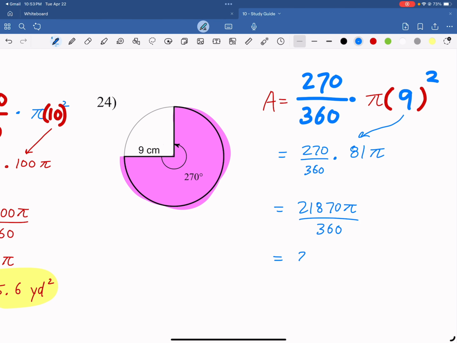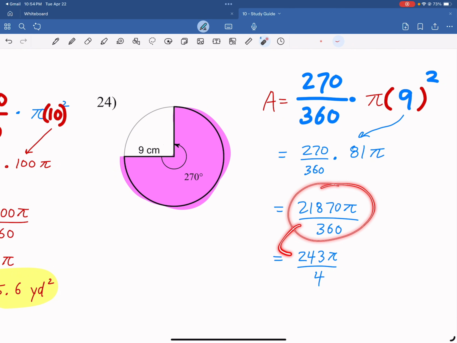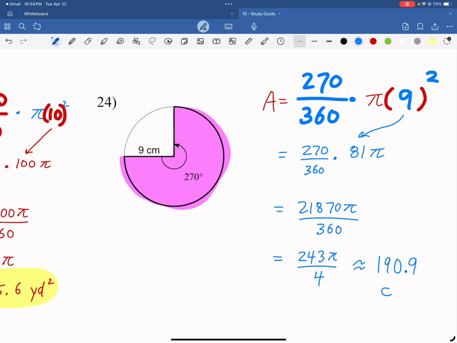Just straight up smash that into the calculator. This is divided by 4. This will simplify that on a calculator. And that is going to give you 190.9 centimeters squared. And that's the area of the sector, right?